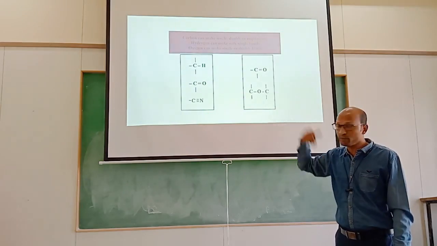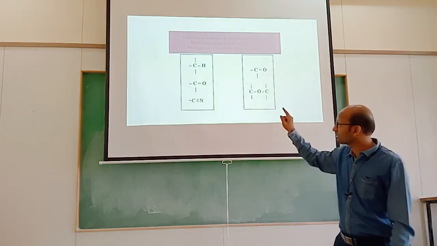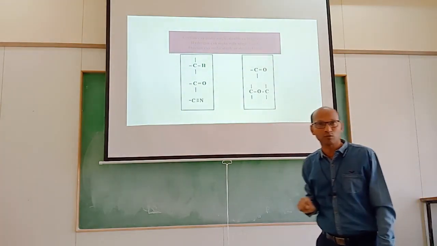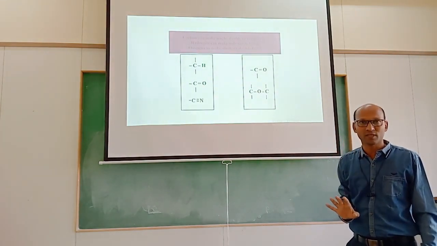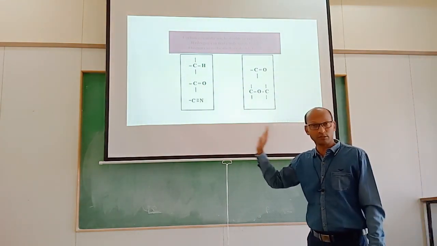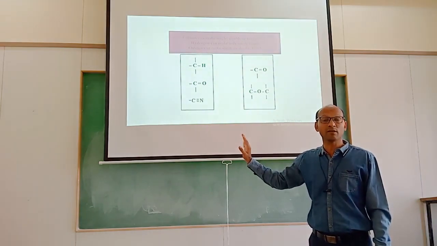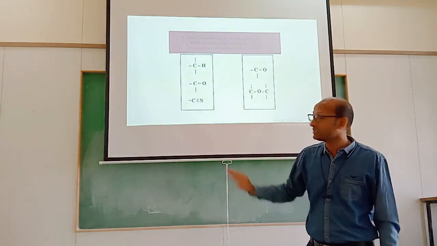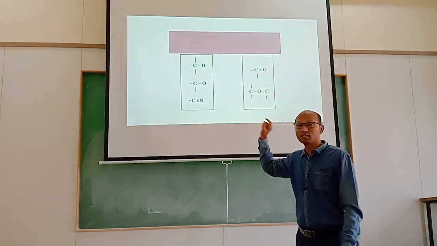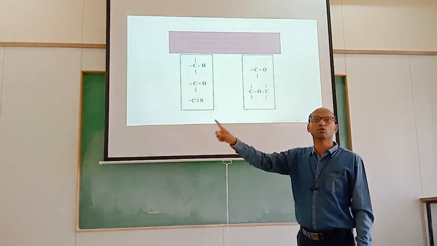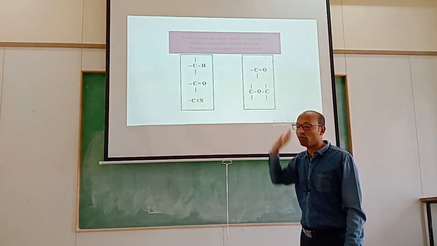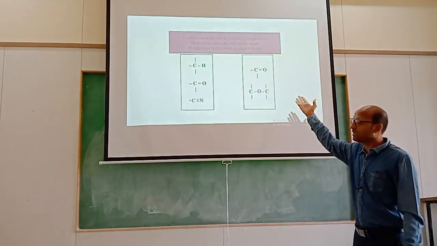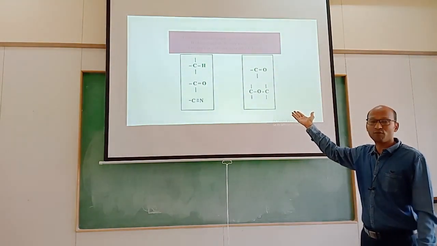If a carbon is sp2, there is a carbon-oxygen double bond, but the total number of bonds is still 4. Similarly for sp carbon, nitrogen is triply bonded with the carbon and I have shown another bond with the carbon. So the total number of bonds around the carbon is 4. Likewise here I have shown carbonyl and ether.